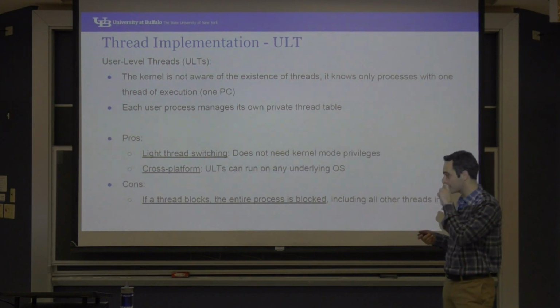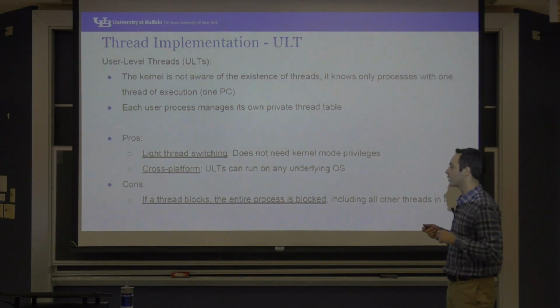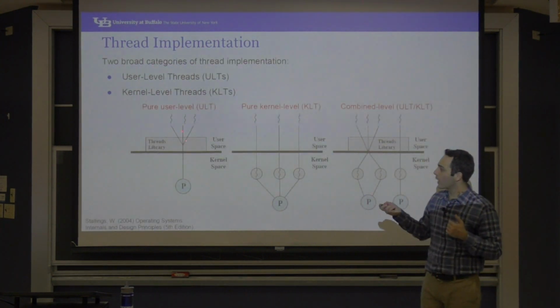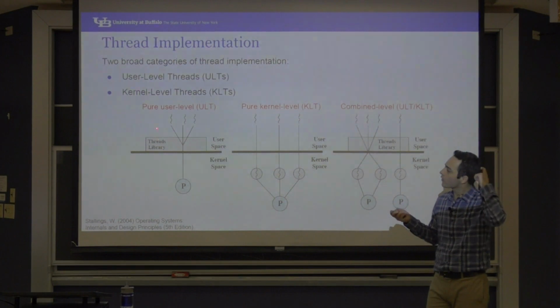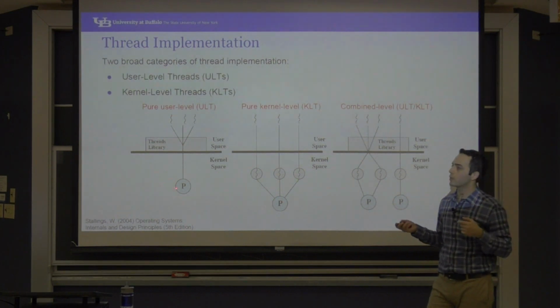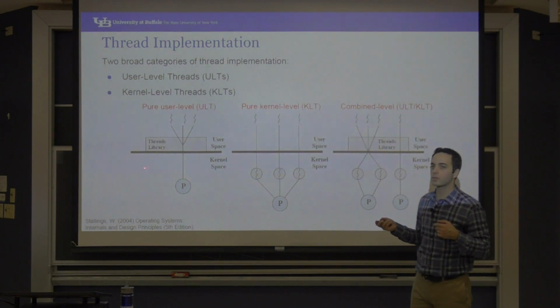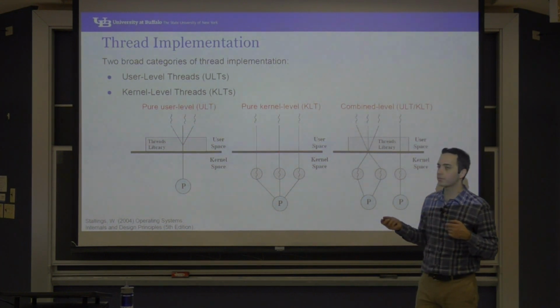Now the con is that if a thread blocks, the entire process gets blocked. Remember, there are multiple threads and a single threading kernel. So if a thread gets blocked by a system call, for example, then this thread cannot run. This is blocked, and once this is blocked, none of these can run.